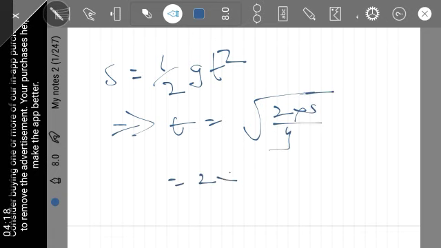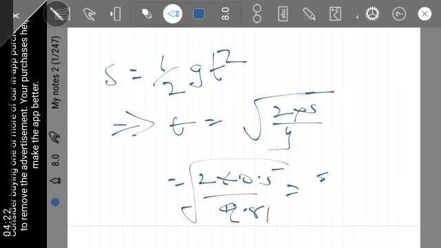So this is the root of 2 times 0.5 over 9.81, which is 0.93 seconds. So right now we have obtained the time it takes to hit the spring and the velocity with which it hits the spring.